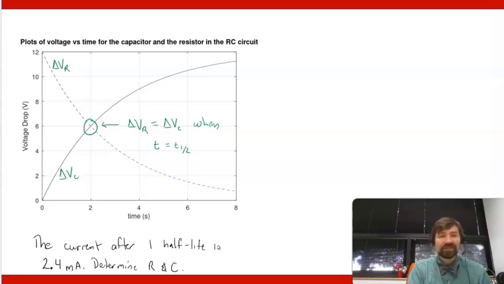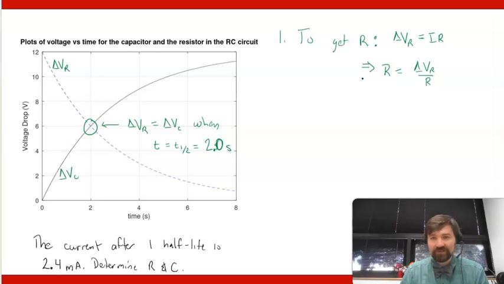So, the process is similar to what we've done, where you first have to get this half-life, which we found was 2 seconds, as it turns out, or 2.0 seconds if we want to keep some semblance of sig figs. So to get the R and the C, basically you do this. Use Ohm's law.